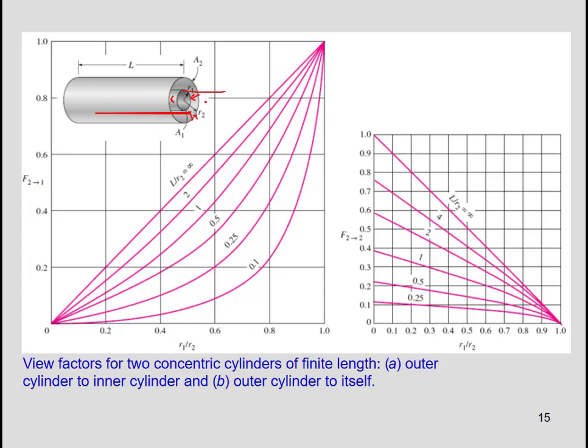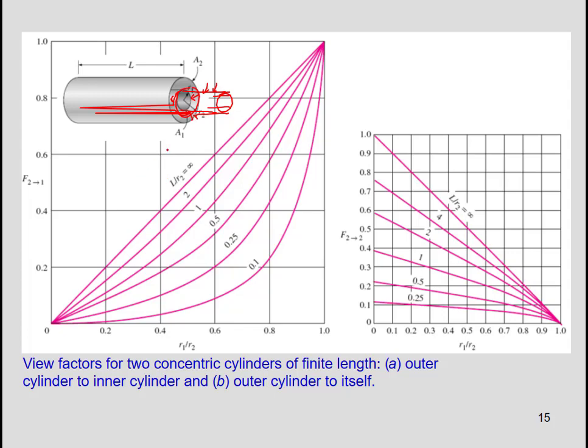As you can see, if this is a bigger surface, it will receive more radiation. And also if its length is higher, it will receive more energy, or rather a higher fraction of radiation, until it approaches an infinite length.